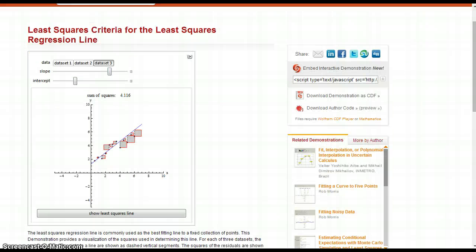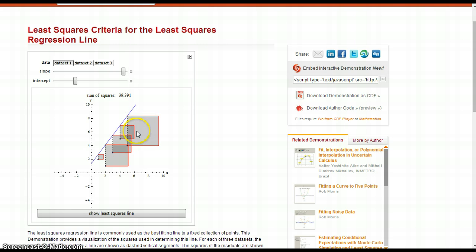So I've gone to Wolfram demonstrations, and this is the line of best fit. What StatCrunch is doing is picking a line that cuts through the data that tries to minimize these boxes. As I play around with this, you can see, the farther a data point is from the line, the bigger that error, which makes a box which has the same length and width.